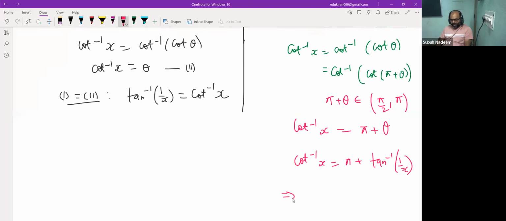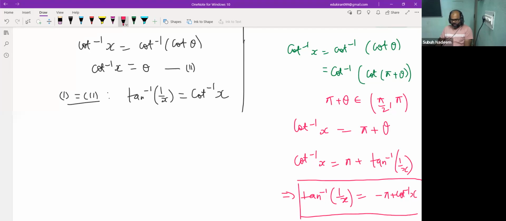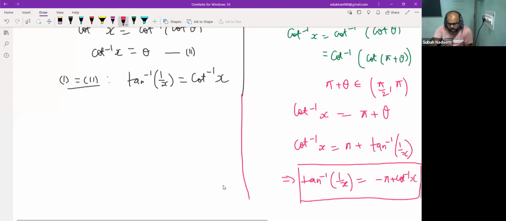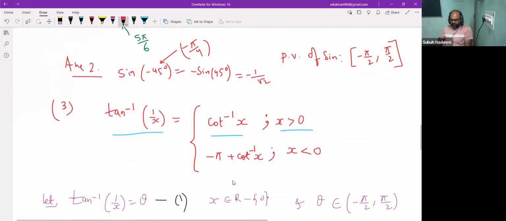So you will say that tan inverse of 1 by x is equal to minus pi plus cot inverse of x. So this is the relation between tan inverse 1 by x and cot inverse x if x is negative, in the second case. So that is why here when x is negative, tan inverse 1 by x is minus pi plus cot inverse x.